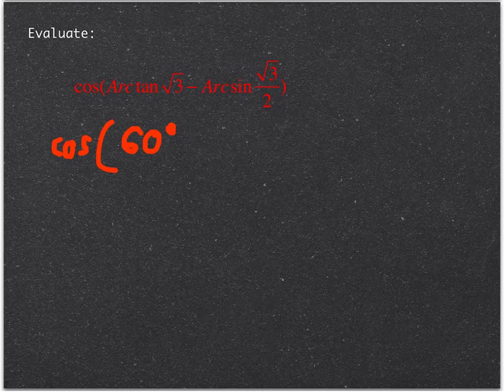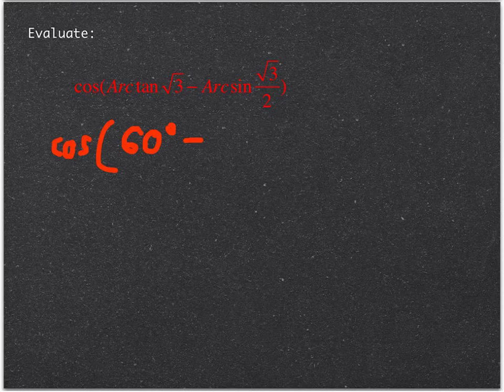Now the arc sine of the square root of 3 over 2. Sine of the square root of 3 over 2 could be a couple different values. But where is my sine value going to be the square root of 3 over 2? Well, that's also going to be at 60 degrees, I believe. If you look at 60 degrees, what's the sine of 60 going to be?